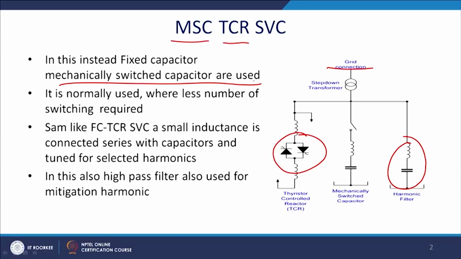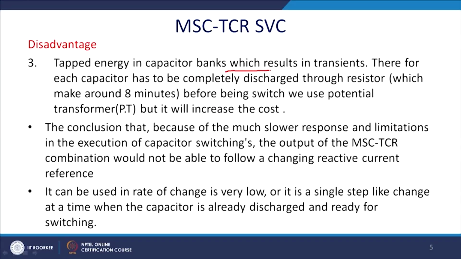Another issue is the trapped energy in the capacitor bank, which results in transients. Capacitors are always a little nasty when transient phenomena occur. Therefore, each capacitor has to be completely discharged through a bleeder resistor, which takes around 8 cycles. You have to dissipate all the energy.